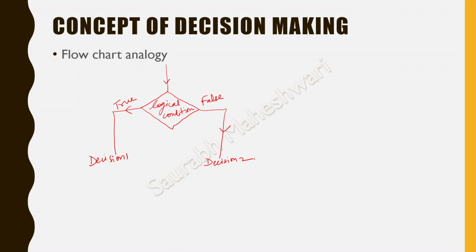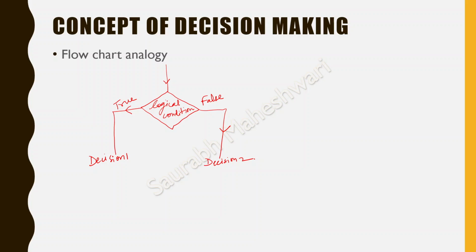To understand the concept of decision making, if you remember flow charts, we put a diamond where there is some condition, or where we have two different paths. A logical condition is put inside the diamond box. This diamond box is the place where we do the decision making.